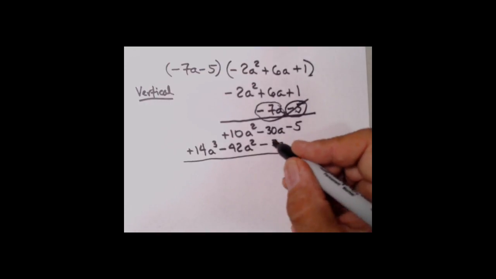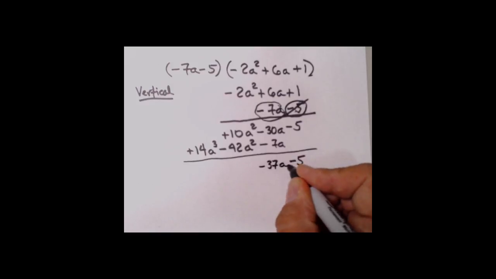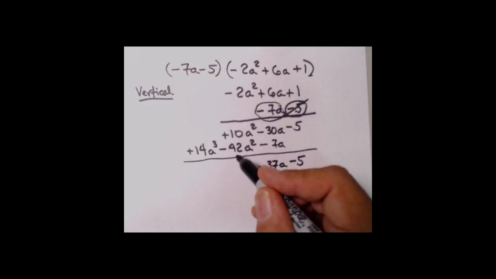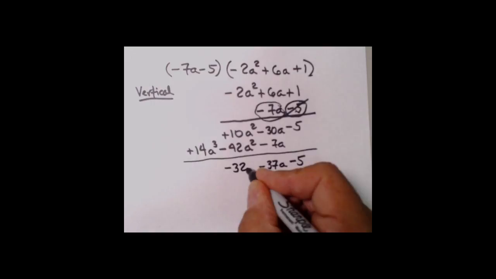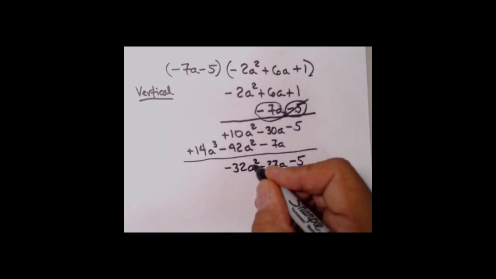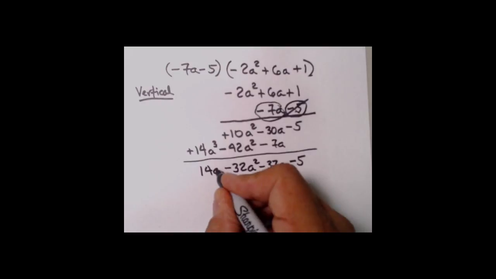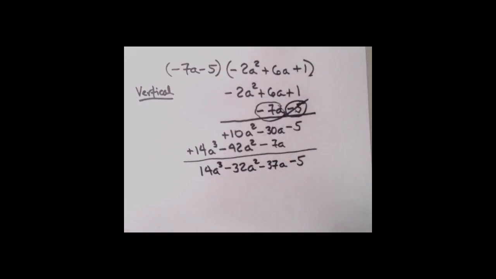Well, negative 30 and negative 7 more is negative 37a. Let's see, the a squared, positive 10, but negative 42. Negative's going to win by what? 32, I guess. Negative 32a squared. And then the guy out in front, nobody to combine him with, so just write him down. Since he's positive, we could leave off the plus.